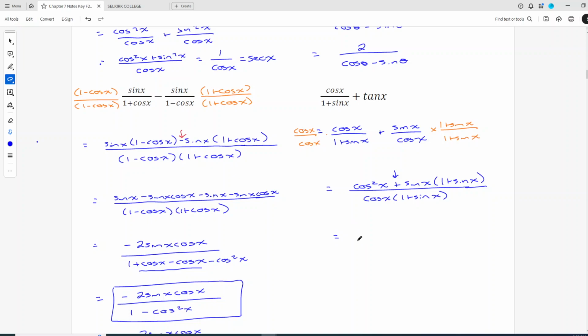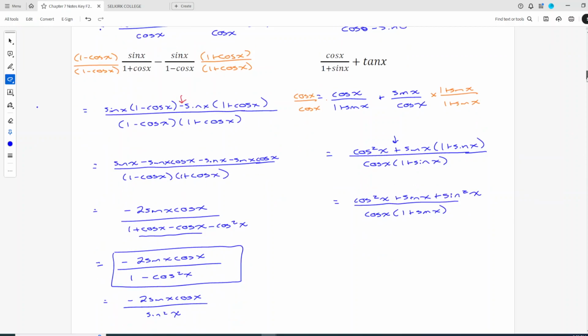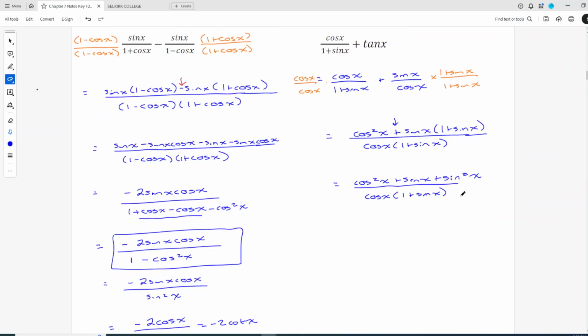So instead, let's multiply through. So in my denominator, I've got cos x times 1 plus sine x. And then in my numerator, I've got cos squared x plus sine x plus sine squared x. I breathe really hard when I'm like, oh, okay, are they going to see this next thing?